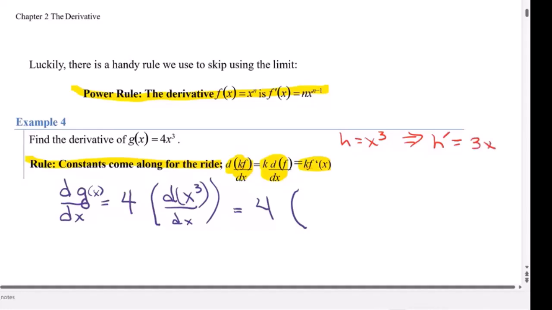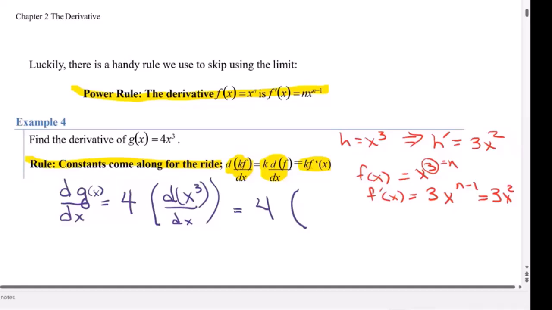3x squared. How did I get that? Well, if I have f of x equals x to the third, then f prime of x is equal to 3, because this is n, times x to the n minus 1, which is equal to 3x squared.